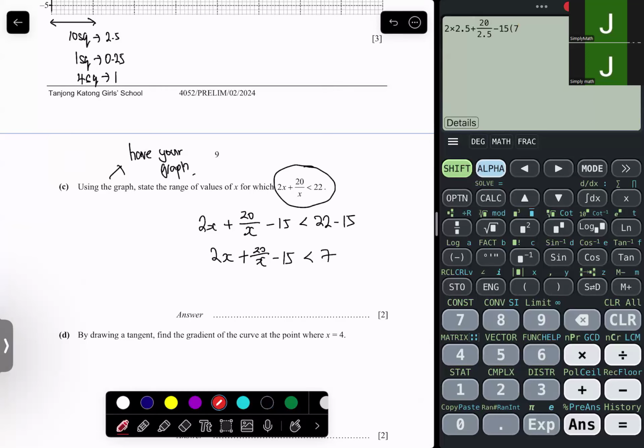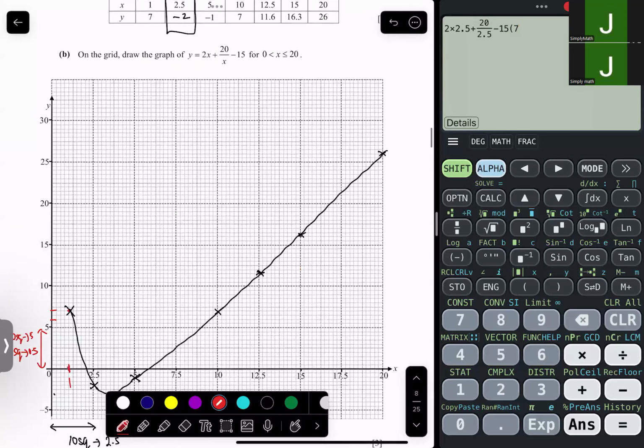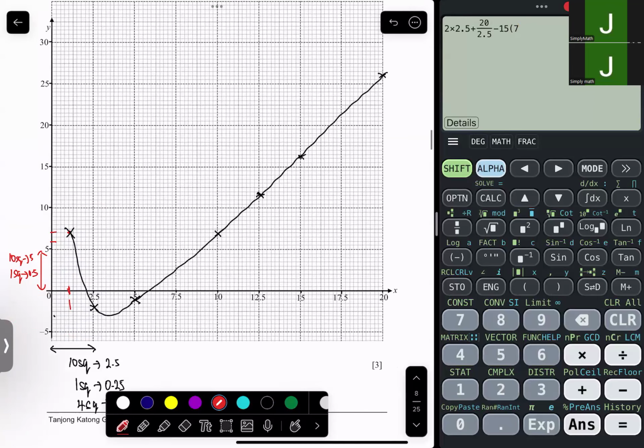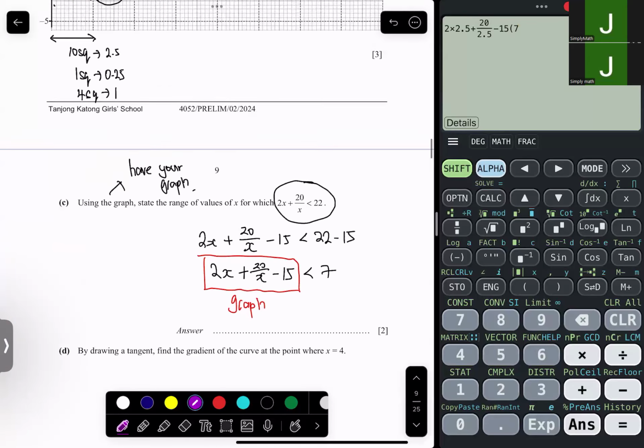So what you are actually looking for is that your graph must be less than 7. Look at where 7 is. 7 is over here, the point that we plotted just now. The idea of this question is the range where the graph is below 7.